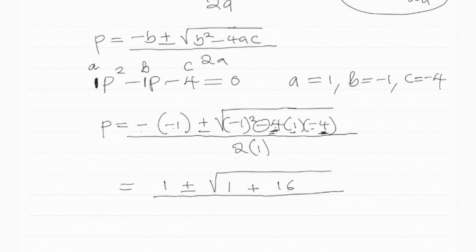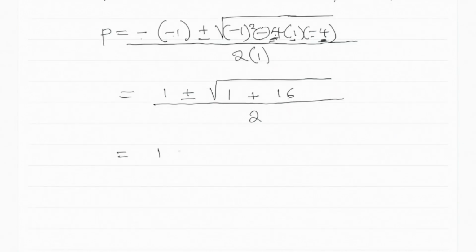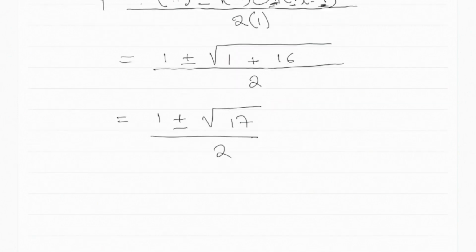Go back, revisit your work, see how best you can do your simplification to ensure that you obtain a positive number in the square root sign. So 2 times 1 there gives us 2, so everything is over 2. Now you're going to have 1 plus or minus the square root of 17, everything over 2.